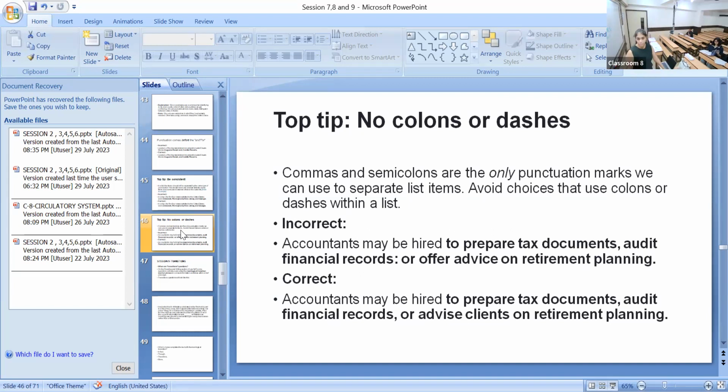Okay, so I'm just showing you one example, and then a small worksheet of punctuation, and then we're moving to session 9. You can take 2 minutes to share this.